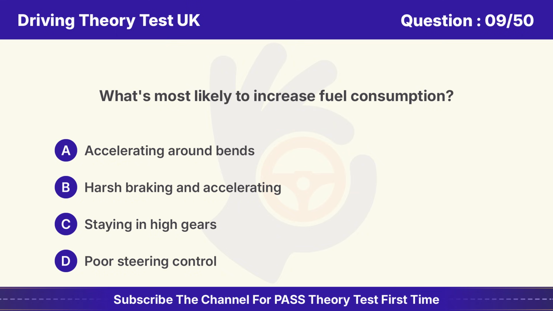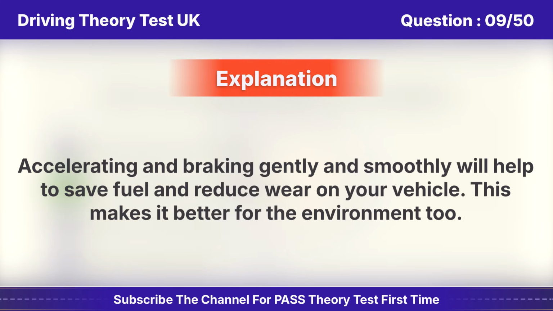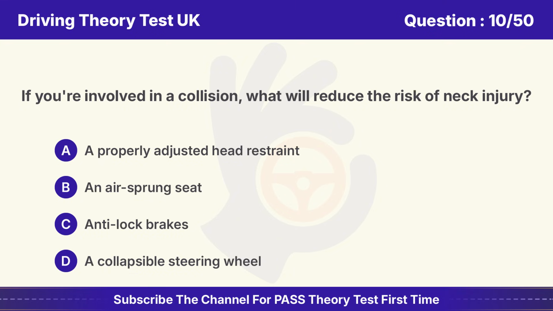Question 9. What's most likely to increase fuel consumption? Answer is B. Harsh braking and accelerating. Accelerating and braking gently and smoothly will help to save fuel and reduce wear on your vehicle. This makes it better for the environment too. Question 10.